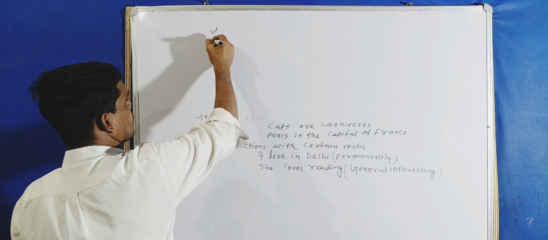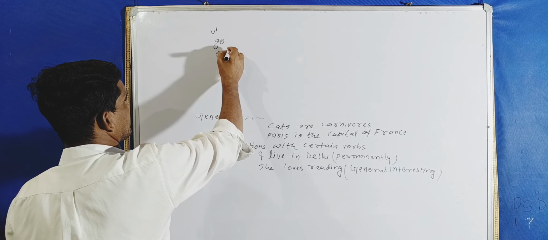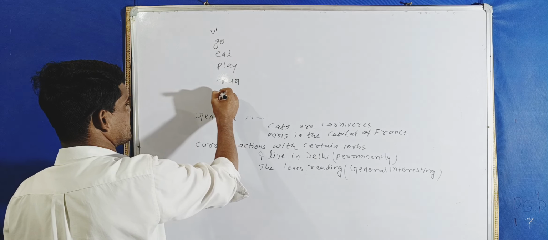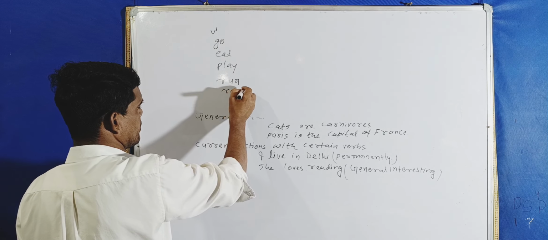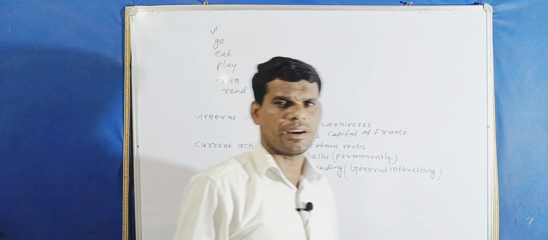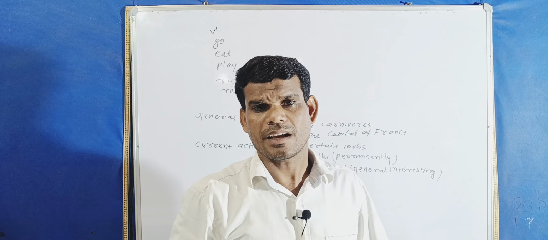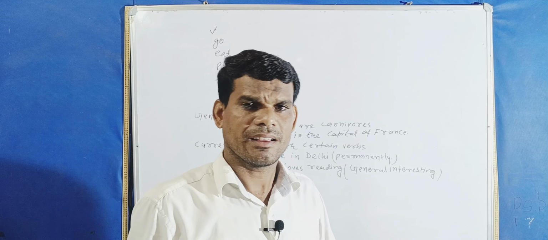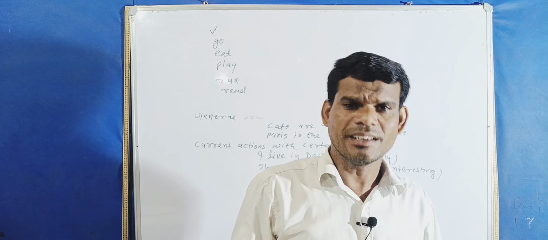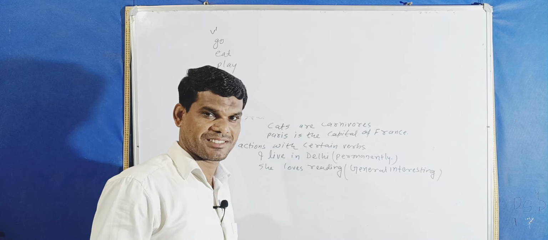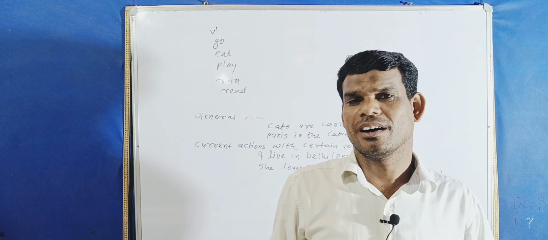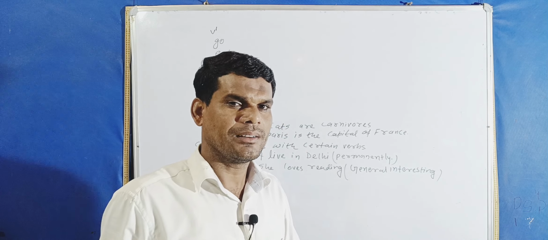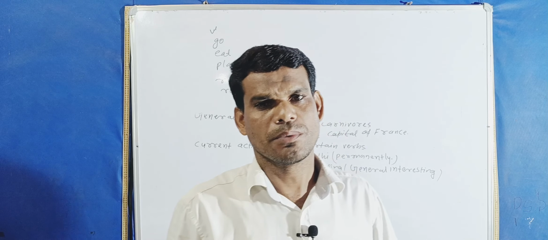For example, go, eat, play, run, read, write. There are so many base form verbs. These are used in simple present tense, active form, in the affirmative sentences. According to the subject and persons, this verb 1, the base form of the verb, will be used.